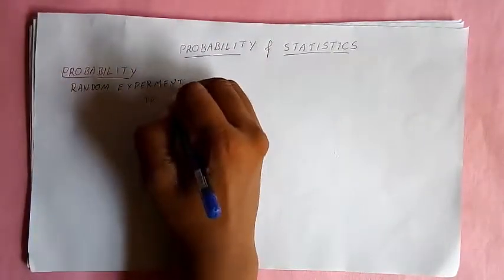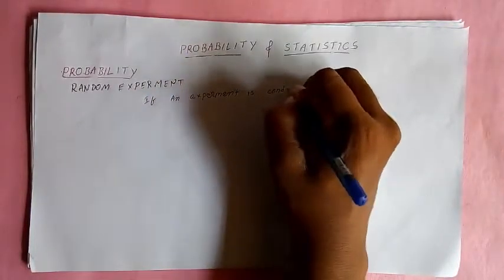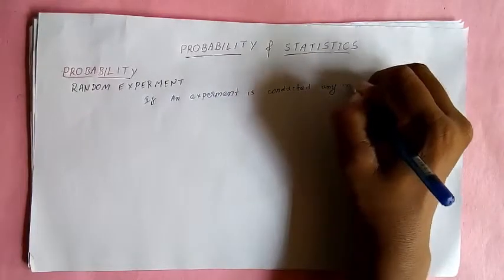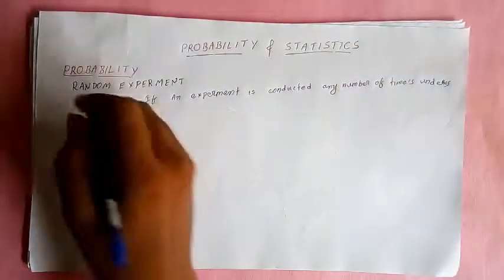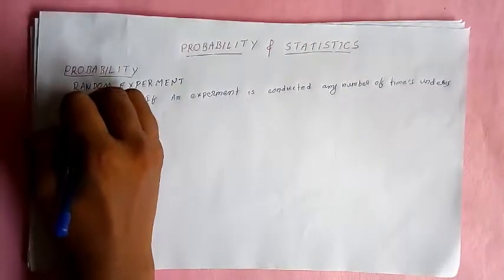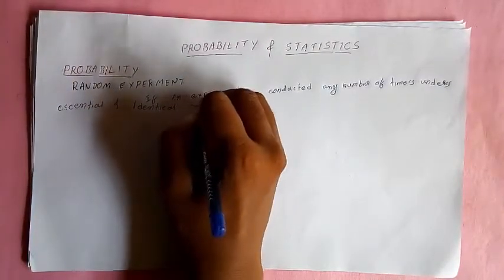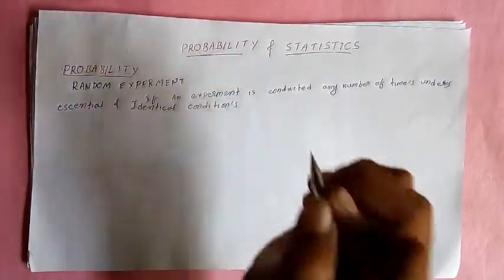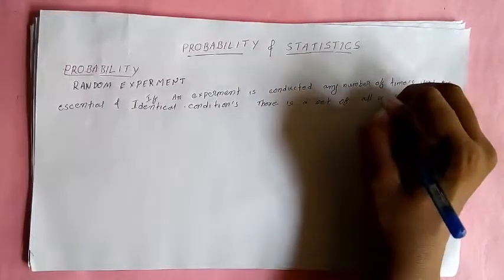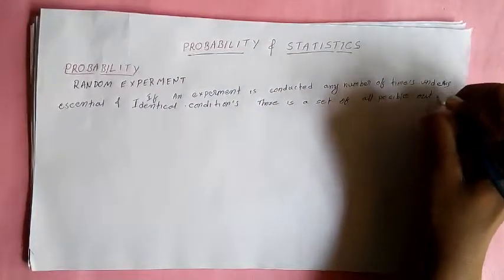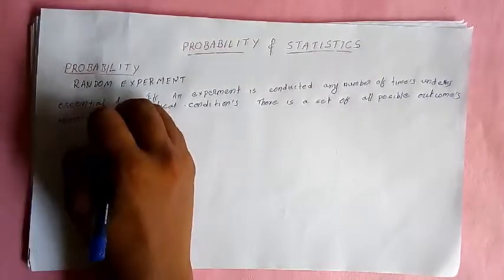If an experiment is conducted any number of times under essential and identical conditions, there is a set of all possible outcomes associated with it.